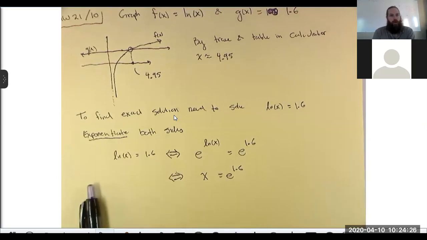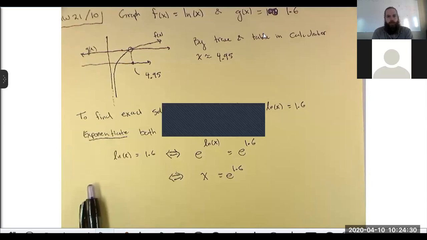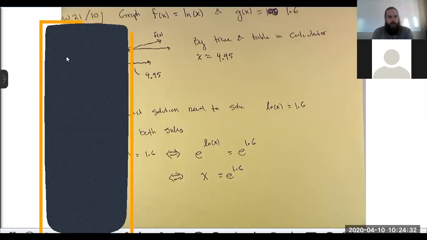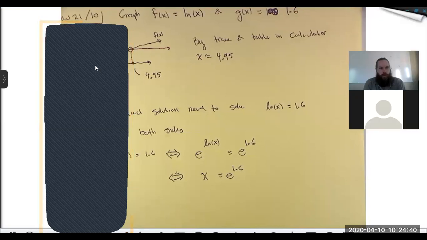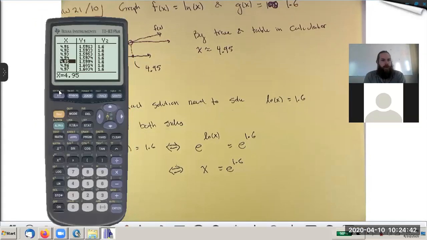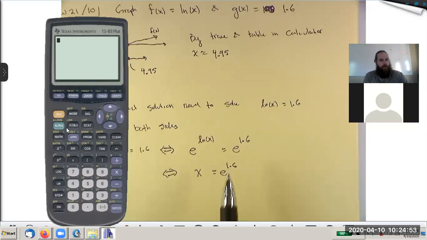And if I want to see how good my decimal approximation from the previous work was, let's just share the whole screen. All right. So if I want to see how good my approximation was from the previous step, I know my exact solution is e raised to the 1.6.